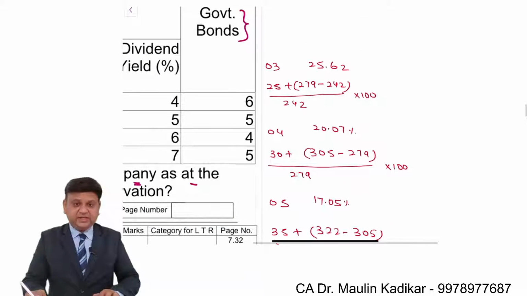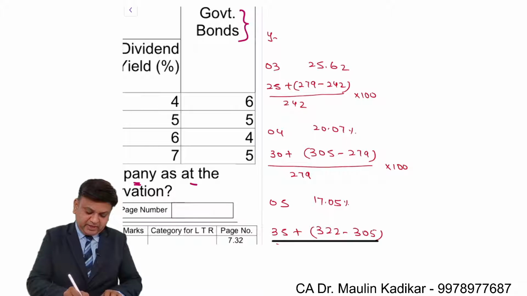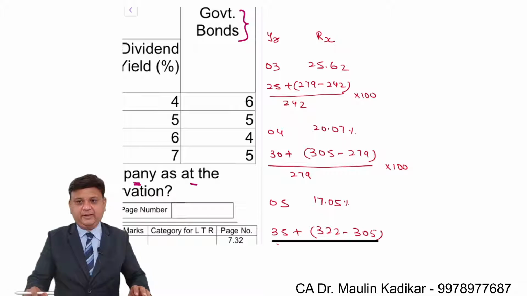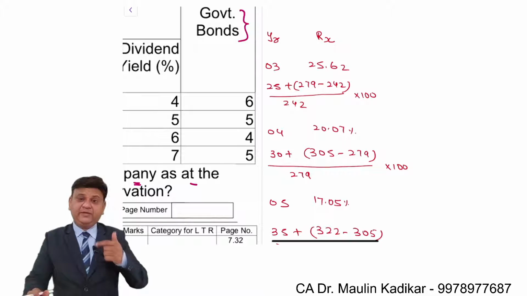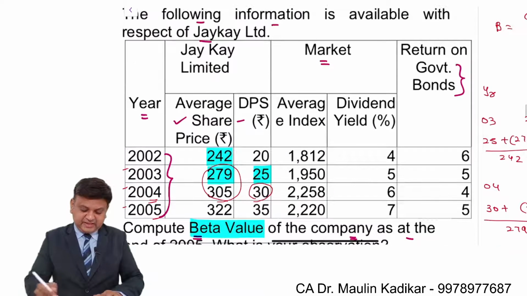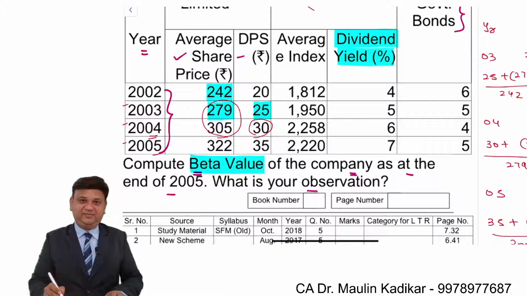Okay. So these are the returns that the security has generated. That's very simple to calculate. That is the return of security X. Now the important point of the question comes. As far as the market is concerned, we have been provided the dividend yield measured in percentage term.